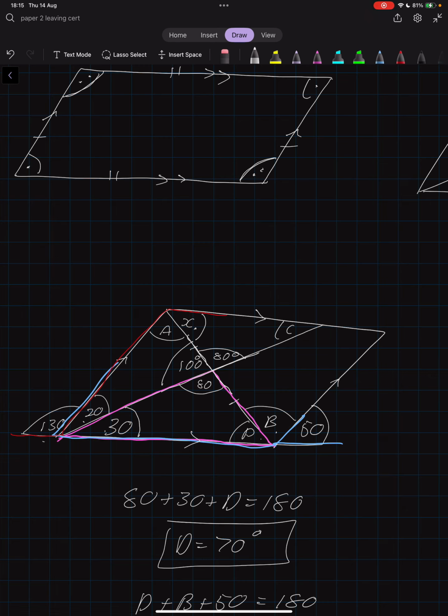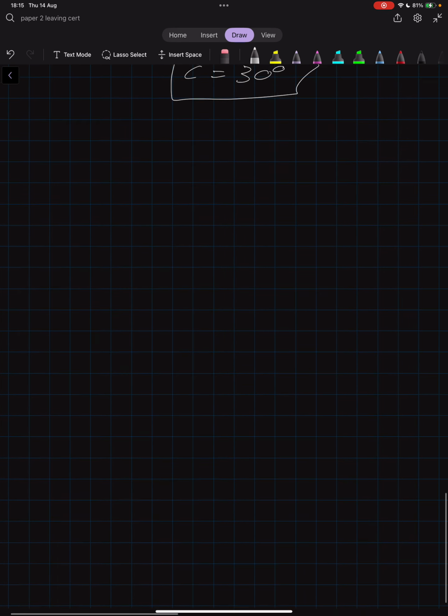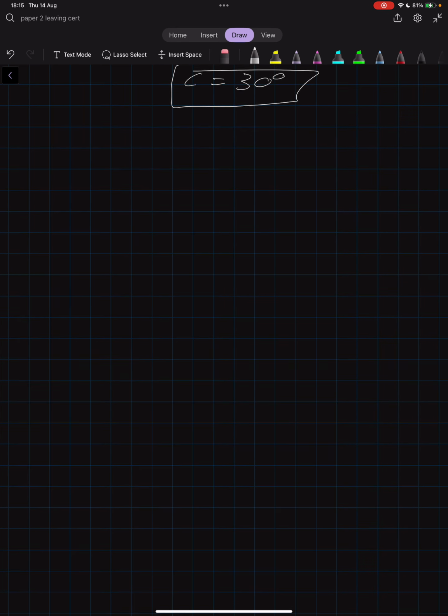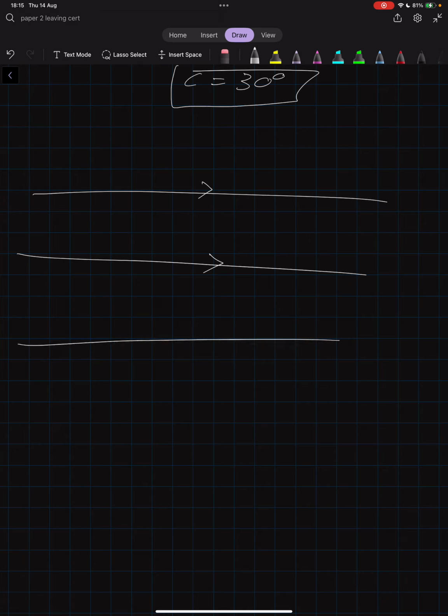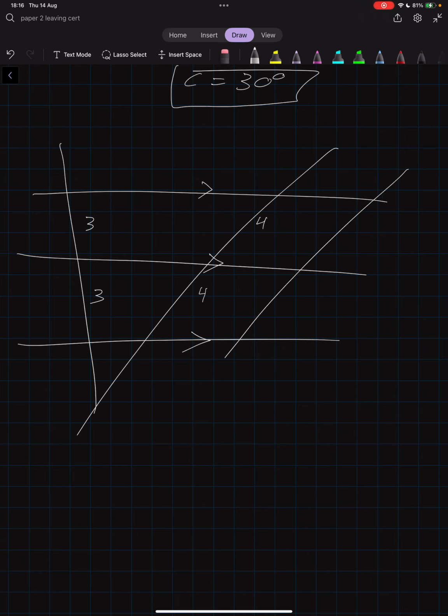So the next thing that I'd like to do then is basically parallel lines and triangles. So parallel lines and triangles, basically, you have that if this is parallel, and this is parallel, and you have a line here and you're told that it cuts it in half, then any other line will also be cut in half, no matter what it is.